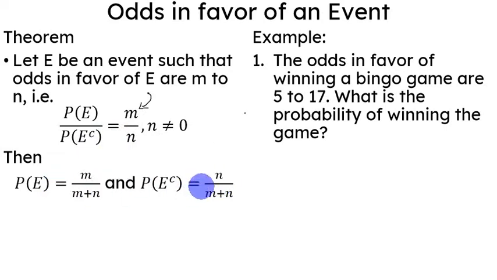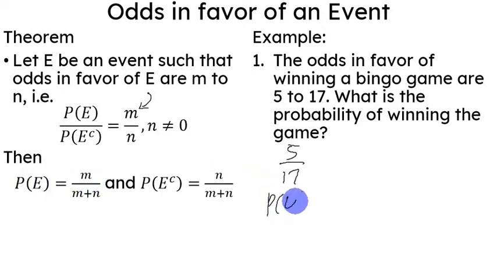So this is true. For example, the odds in favor of winning a bingo game are 5 to 17. Pretty low. What is the probability of winning the game? We know that the odds are 5 to 17, so we can write that as 5 over 17. For the probability of winning, we can use this formula.